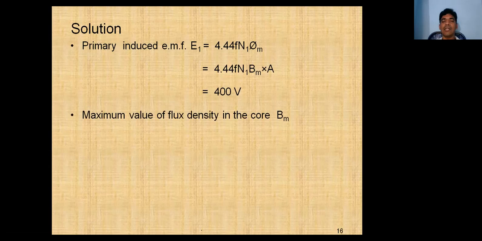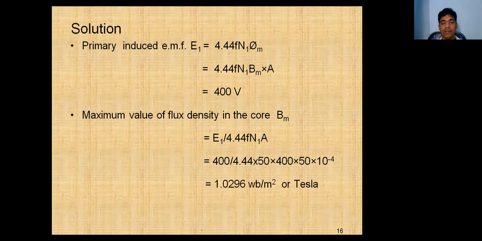Maximum value of flux density in the core Bmax is equal to E1 by 4.44 f N1 A, that is equal to 400 by 4.44 into 50 into 350 into 50 into 10 to the power of minus 4. If you calculate, you will get 1.0296 Weber per meter square or Tesla.